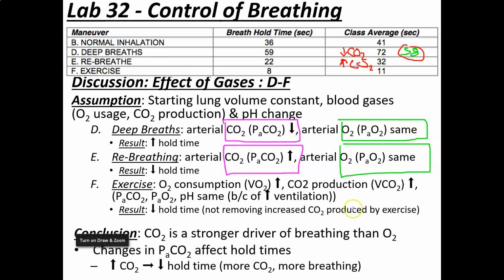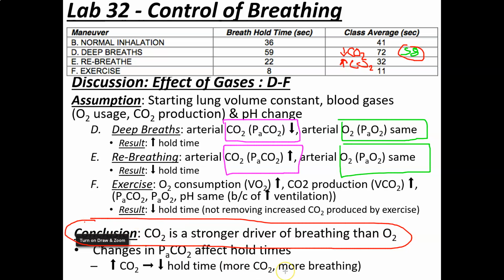So that's a really good thing to look at. And the conclusion, which we'll put down here, is that CO2 drives ventilation. That's the big one. And the evidence for that is E, because we increased CO2, didn't change oxygen, and breath holding time went down.